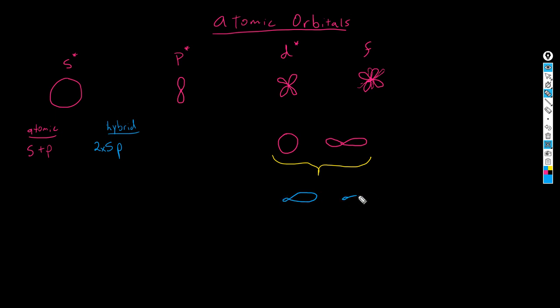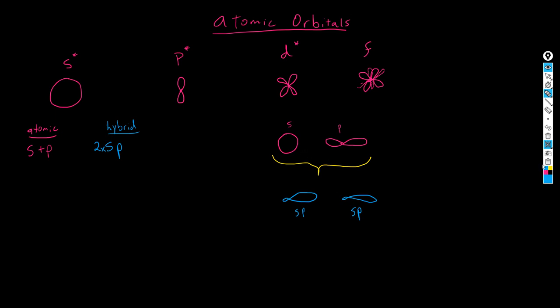So these are both sp hybrid orbitals, whereas the ones that we use to combine them are an s and a p atomic orbital. Now, why does this happen? This happens in order to create molecules that will have the proper shape, because a sphere and a dumbbell cannot properly come together.